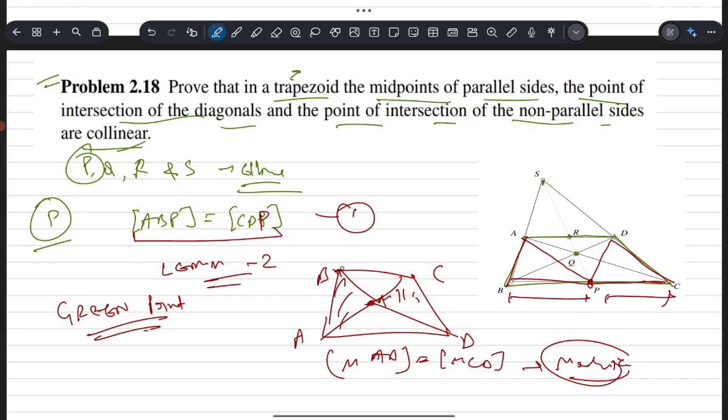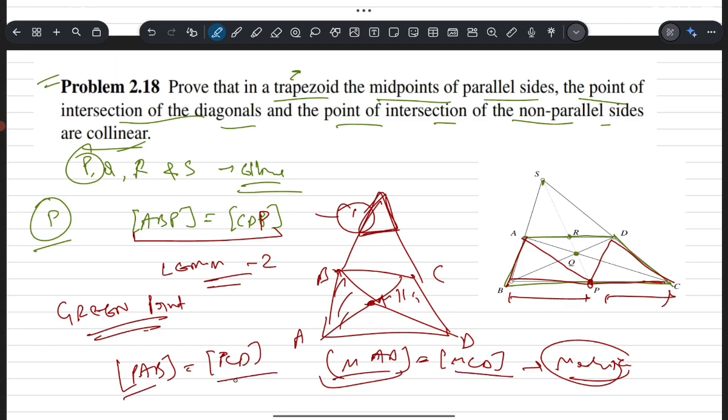So now I'm saying that PAB equals PCD. Earlier it was MAB equals MCD. What will I say? P also lies on the same locus.